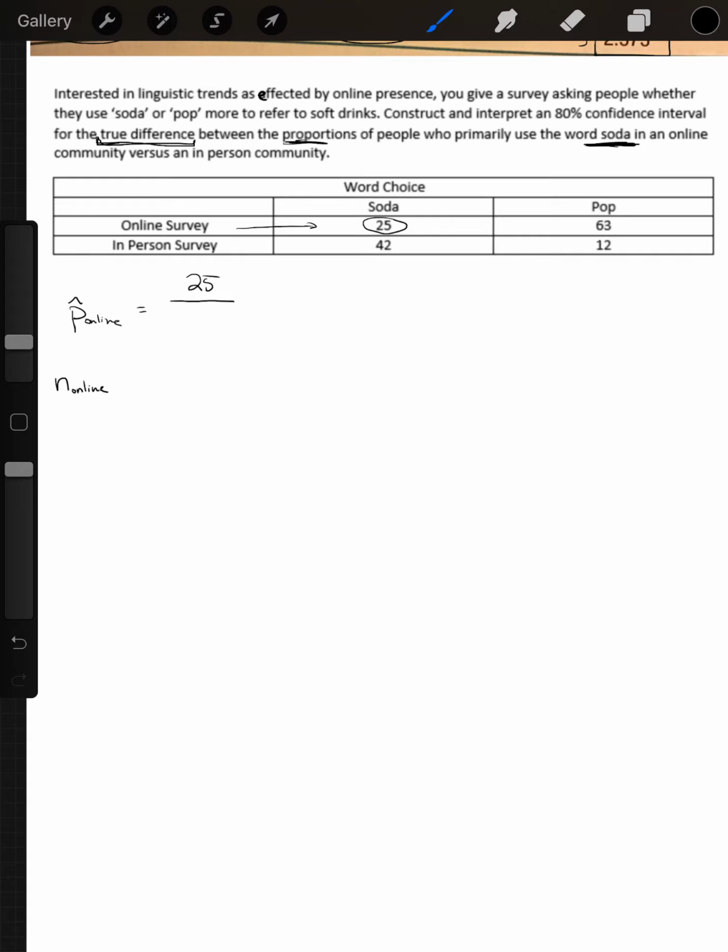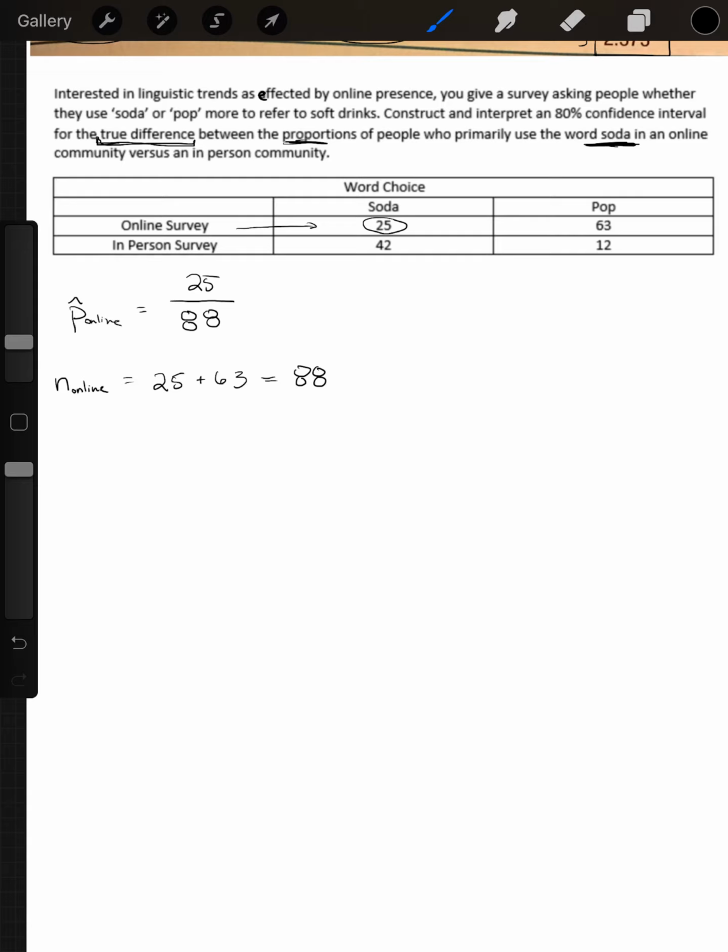Now, we're not told exactly how many people filled out the online survey, but if 25 people use soda and 63 use pop, and that's all the information we have about the online survey, that indicates that 88 people took that online survey. Right? So the p-hat for online is 25 over 88.